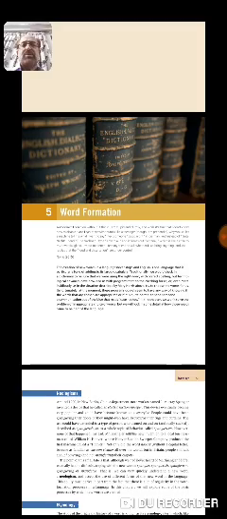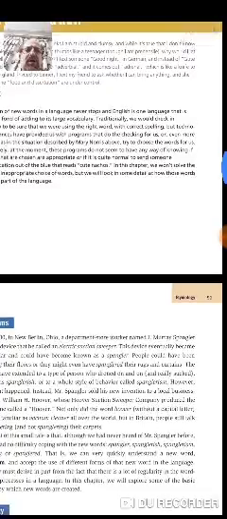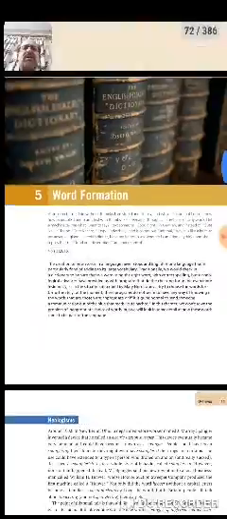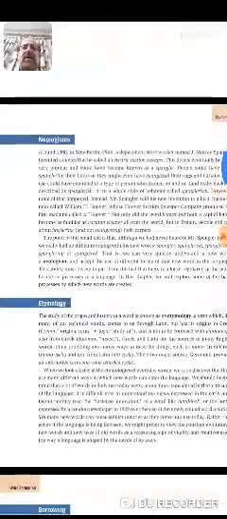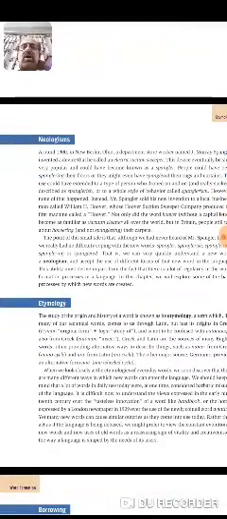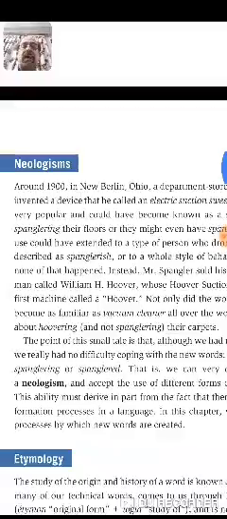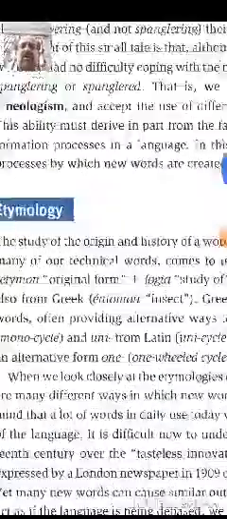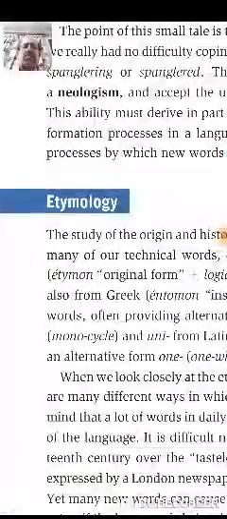So this chapter actually begins on page 58, word formation, and on the next page, 59, it talks about neologism, how new words are in fact made. After that, the book talks about etymology, the roots of words.